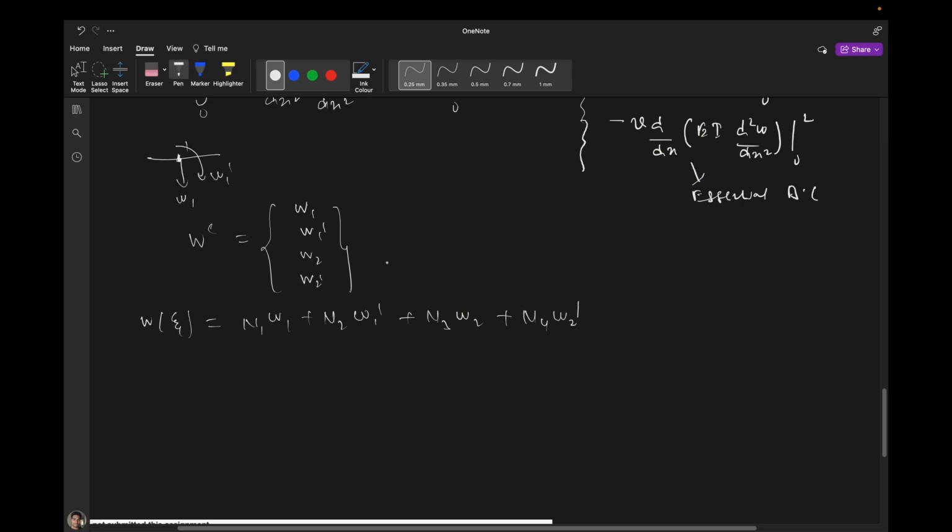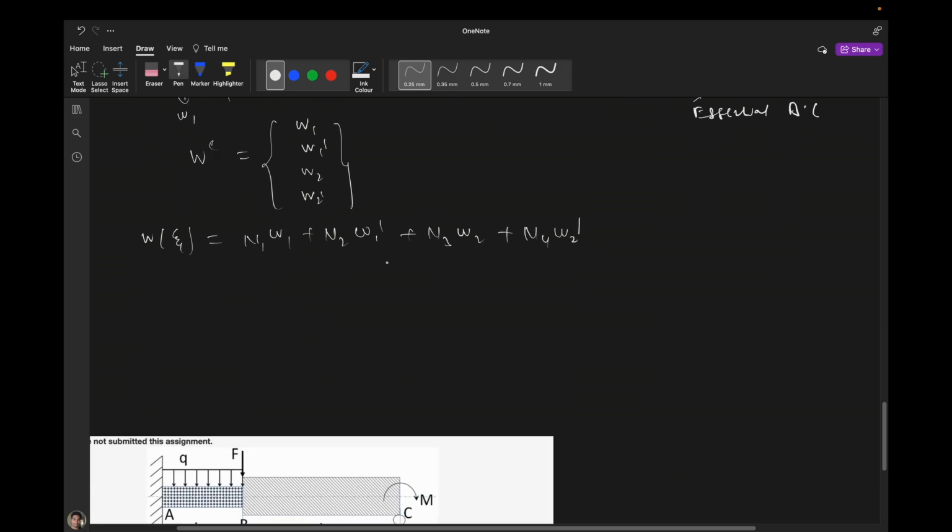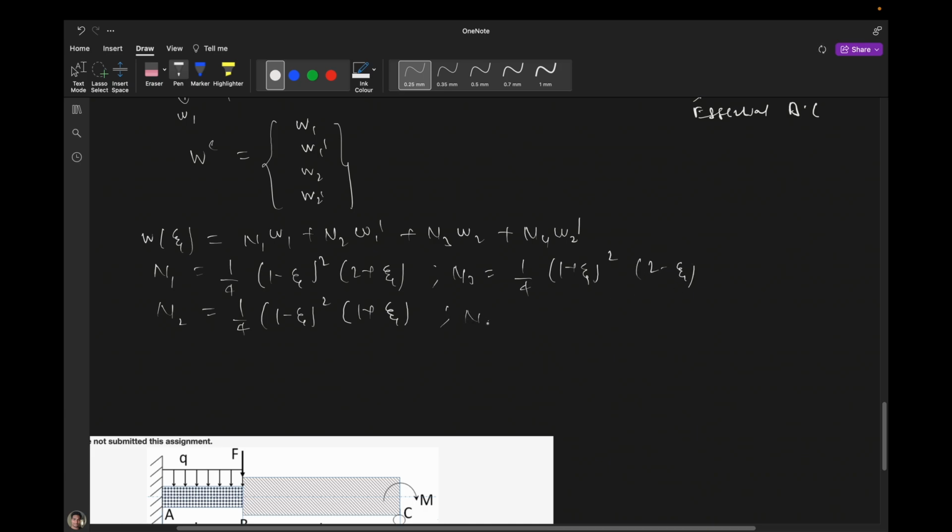After solving everything, since we are using the Hermite kind of shape function, we saw that N1 is 1 by 4 (1 minus zeta) squared (2 plus zeta), N2 is 1 by 4 (1 minus zeta) squared (1 plus zeta), N3 is 1 by 4 (1 plus zeta) squared (2 minus zeta), and similarly N4 is 1 by 4 (1 plus zeta) squared (zeta minus 1).